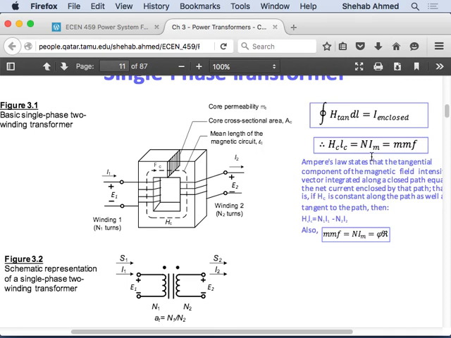I2 plus the current required to overcome the reluctance of the core. That's what I1 is equal to. If the reluctance of the core is 0, then this IM will also be equal to 0. I don't need this magnetomotive force component; the magnetizing component will not need to exist.